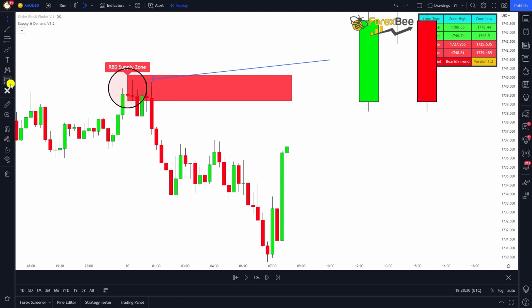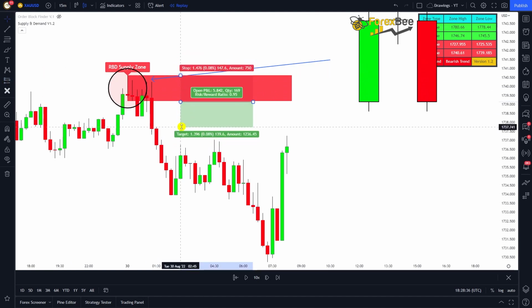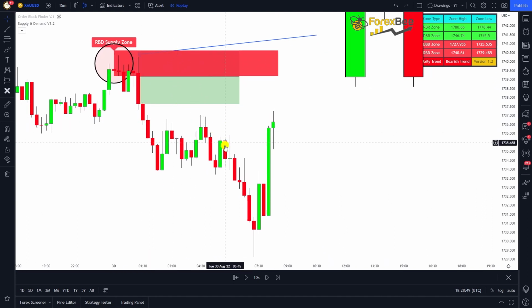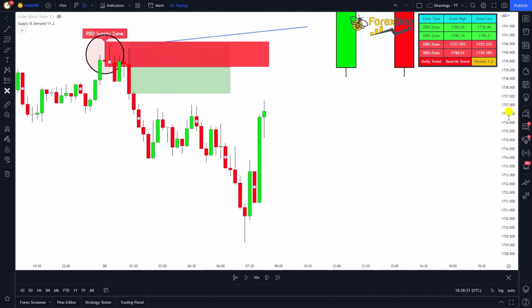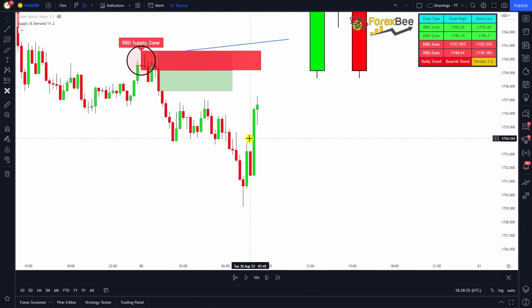So if we go ahead and take the short entry here, here we can see that there will be our stop loss, and the first target that we're going to wait for is at 1:1, and we can see that this target was achieved here. So we will break even the trade as soon as this happens, as soon as the risk to reward ratio of 1:1 is complete, and after that we'll wait for the market to move in the bearish direction.